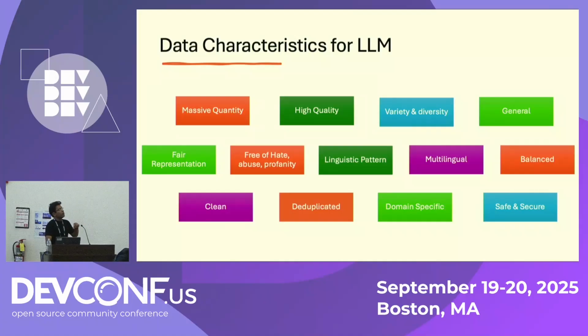So we said that for LLMs, it's not just the data. It needs certain characteristics, and these are the characteristics. Obviously it needs a very high quantity of data because the models are getting larger and larger.